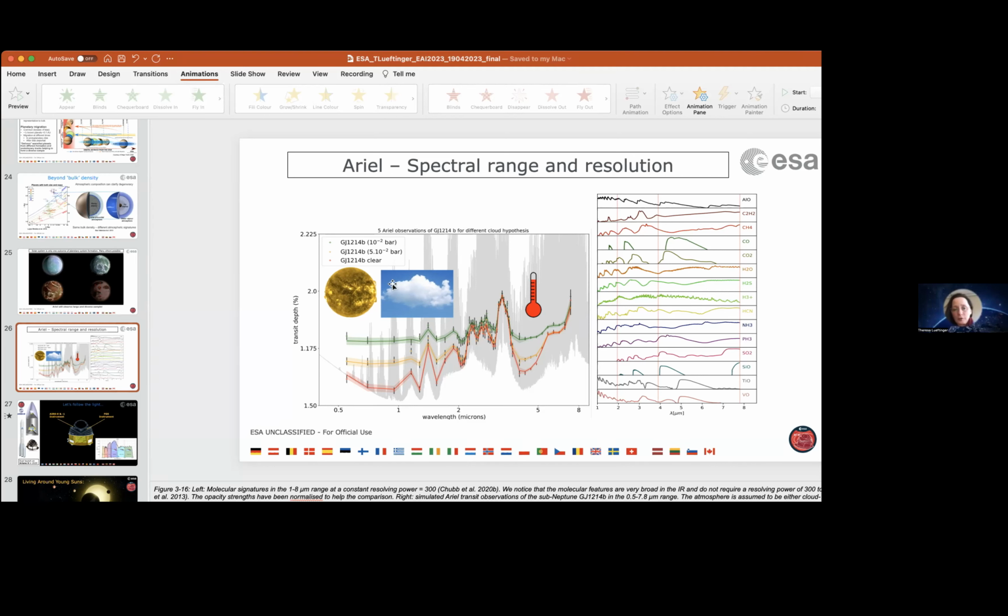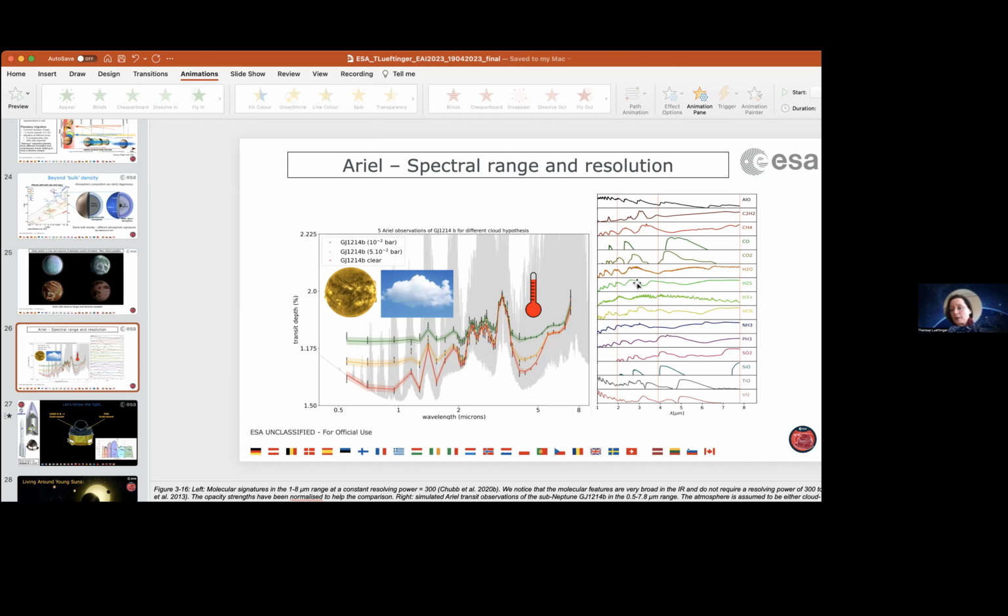And you see here in green a 10 to the minus 2 bar model of an exoplanetary atmosphere, 5 times 10 to the minus 2 bar in yellow, and then the spectrum of a clear atmosphere in red. And you see that there is really a big difference, and we will be able to distinguish between these very different planetary atmospheres with the Ariel mission.